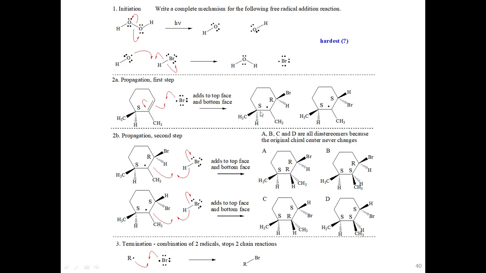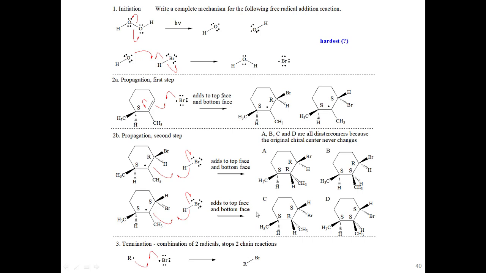And then once we get the carbon free radical, that carbon free radical can come over and grab an H atom and complete our molecule, give us a neutral molecule. And again, since the free radical is flat, it's possible to add from the top, okay, or the bottom. But that'll be true for all the possibilities where the bromine added to the top or the bottom.